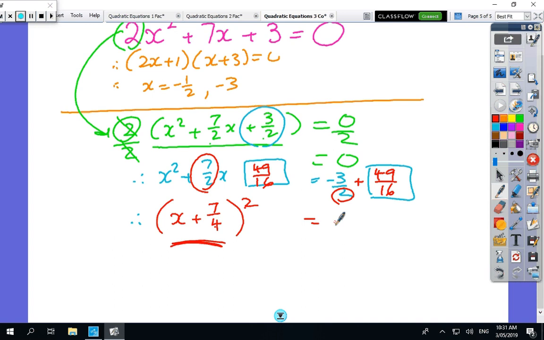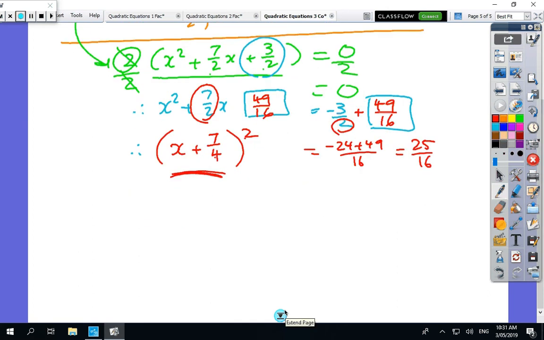So I've got to multiply that by 8. So it's going to be minus 24 plus 49 over 16. Minus 24 plus 49 is 25 over 16. Nearly made a mistake. And so that's that bracket there equals that number there. Now you'll just chuck that on your calculator. Don't be too worried how I've done it. You'll just chuck it on your calculator and get that answer.